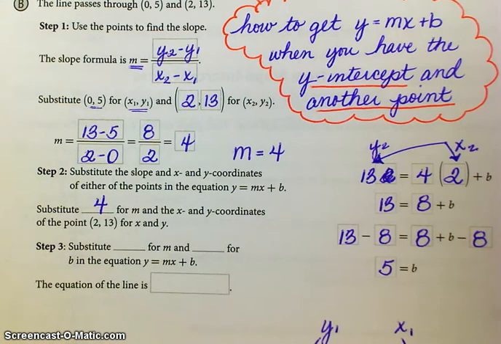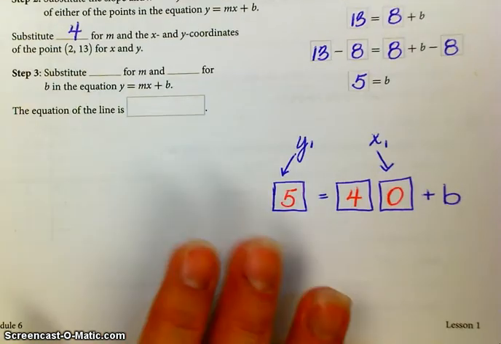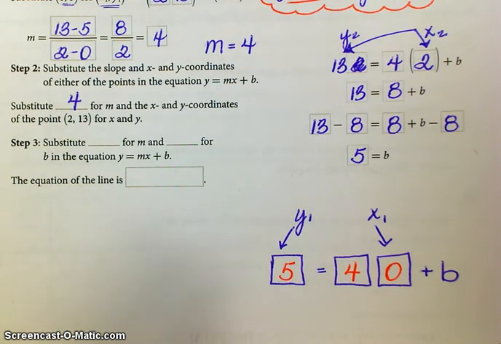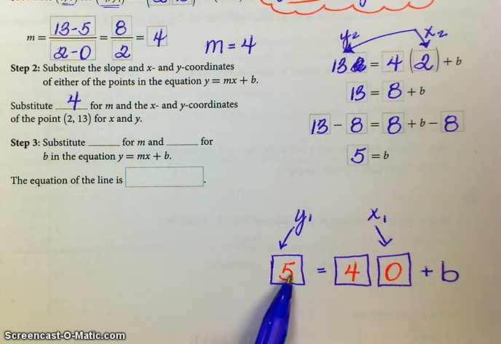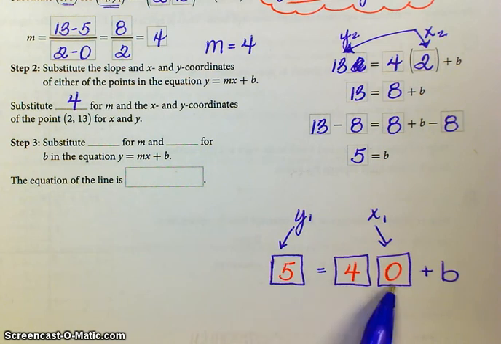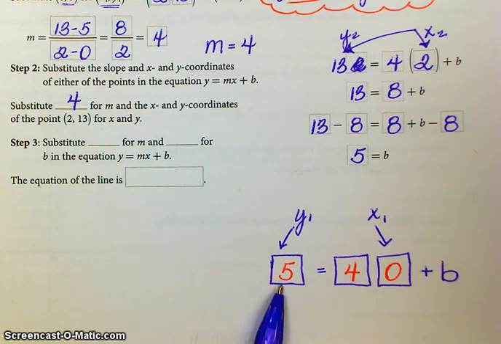What if you had used the other point? Well, I can use the point 0, 5 and put it into y equals mx plus b, and because 4 times 0 is 0, I would still get 5 for my b. So it really doesn't matter which point you use.